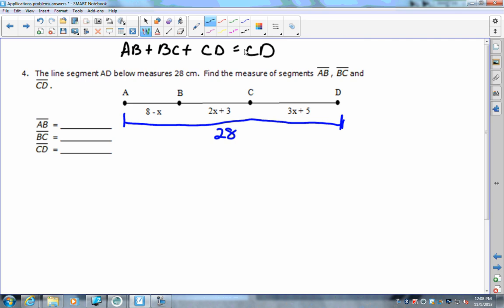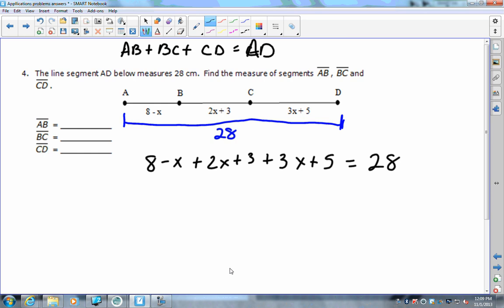Oops, not CD, AD. Okay, so what I'm going to do, I'm going to take 8 minus x plus 2x plus 3 plus 3x plus 5, and I'm going to set it equal to 28.